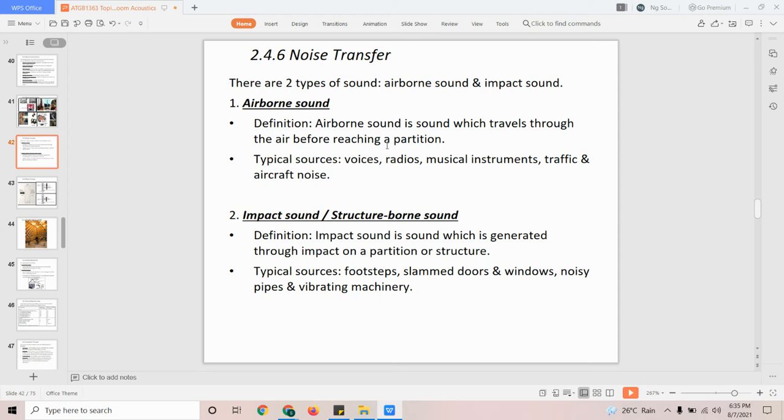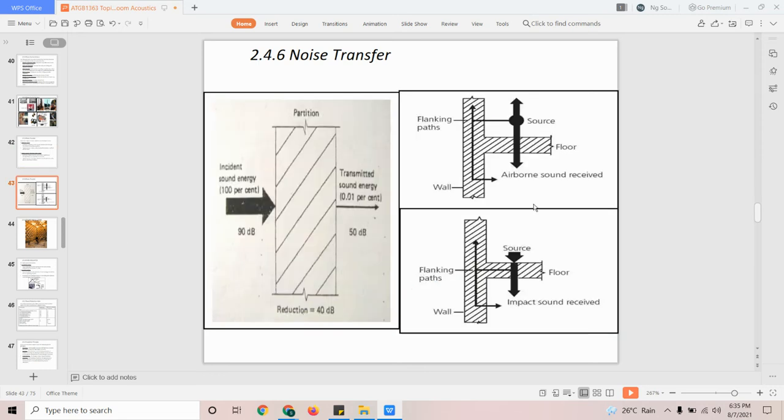So we can have airborne and we can have impact, meaning some activity is being done and sound is being generated due to that action. That's what's called impact.